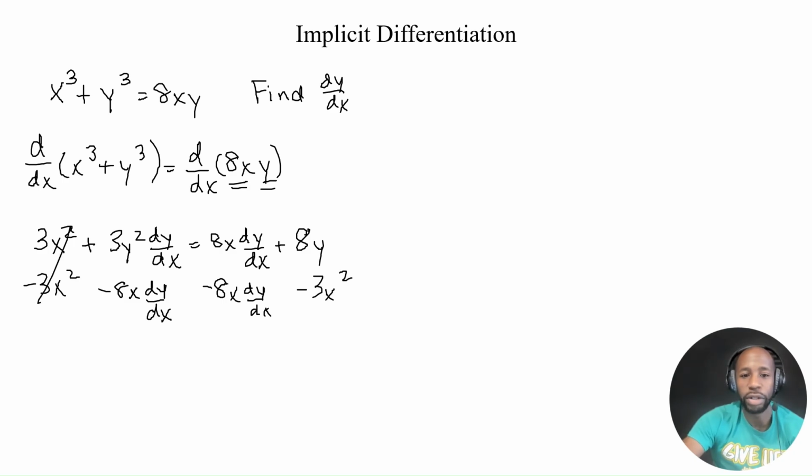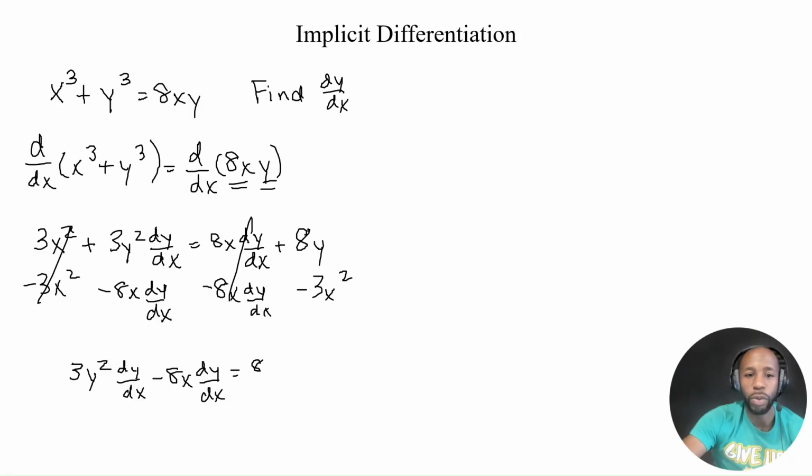Now you have 3y squared dy/dx minus 8x dy/dx is equal to 8y minus 3x squared. Okay, factor out dy/dx.